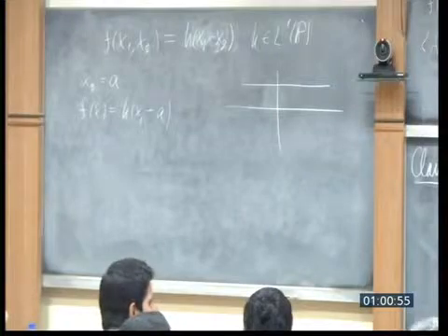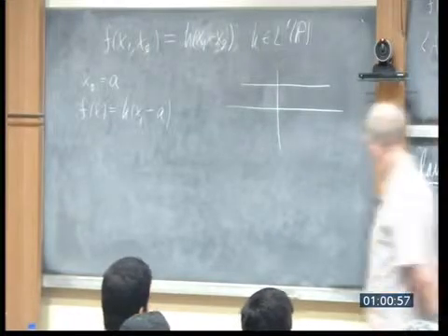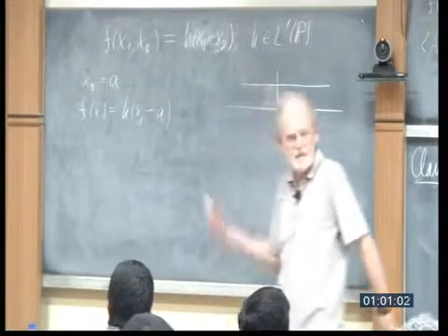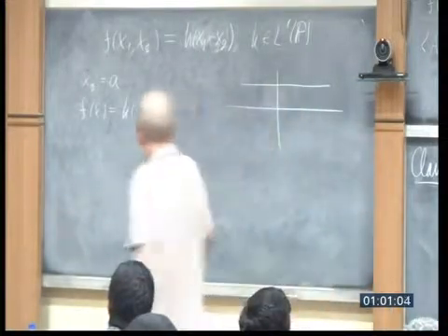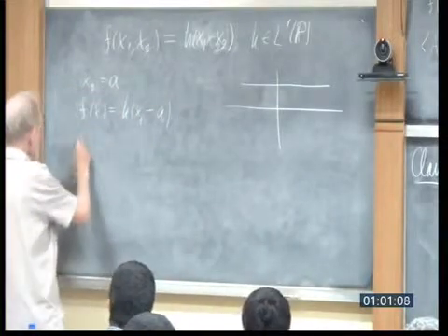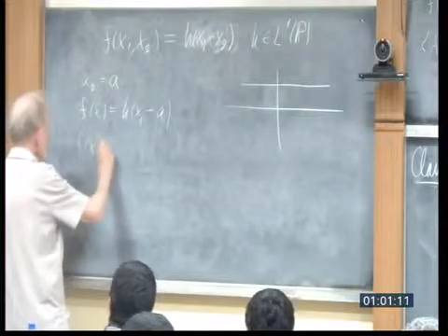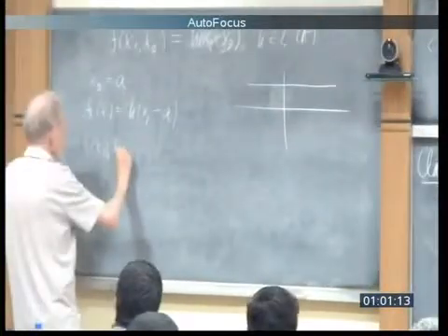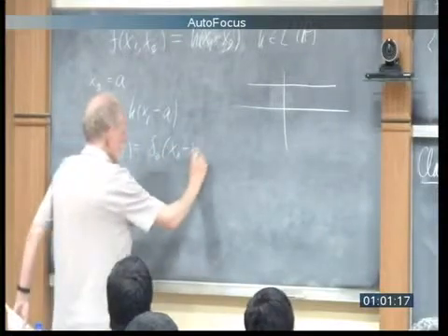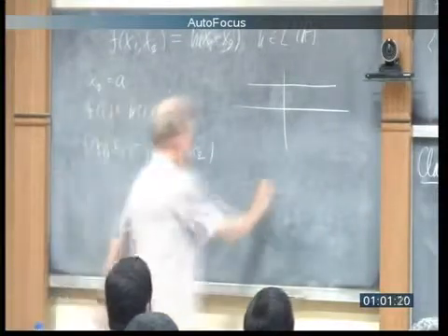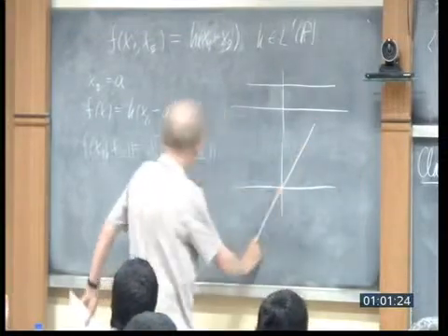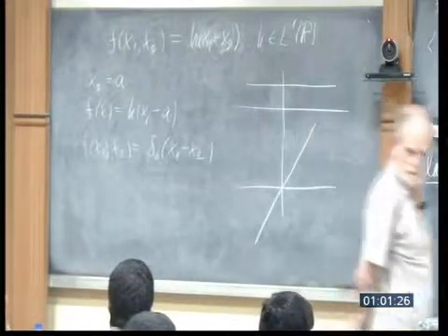And for distributions, the situation is that in some cases it's possible, in some not. For instance, if f(x1, x2) is equal to the delta of x1 minus x2, this is a measure with a constant density on the diagonal.